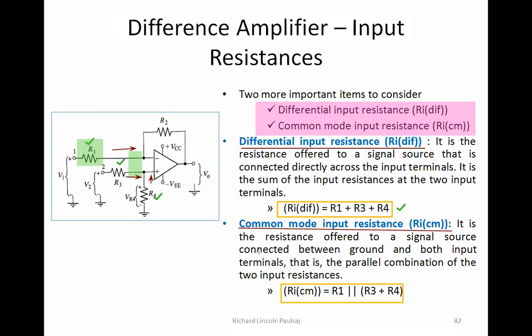So next, now let us look into common mode input resistance. When I say common, common is also referring to the ground.